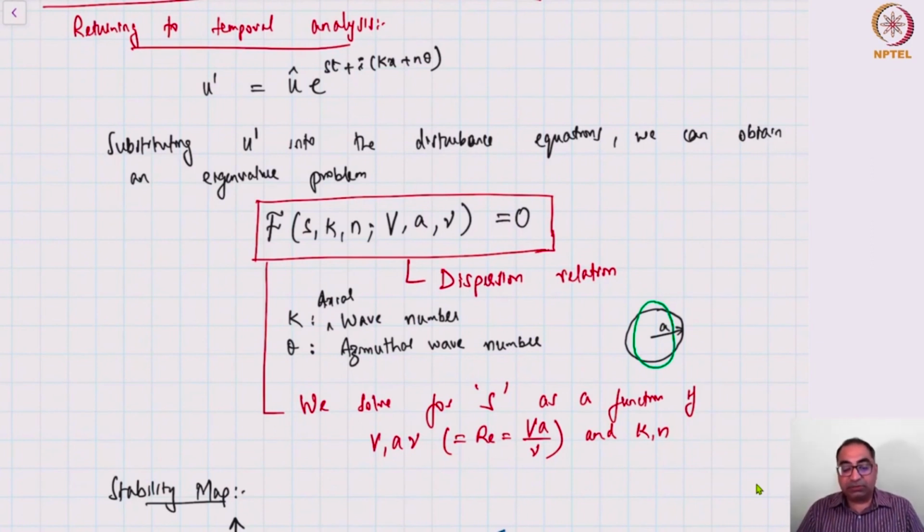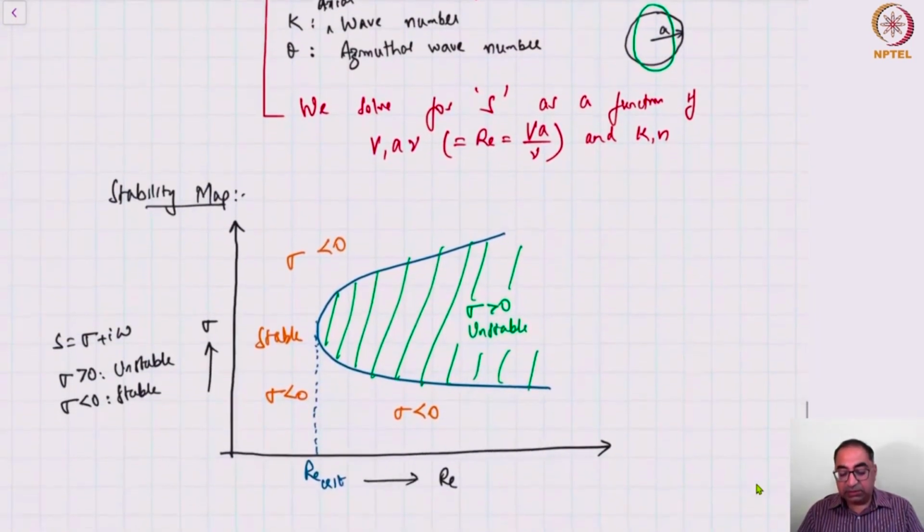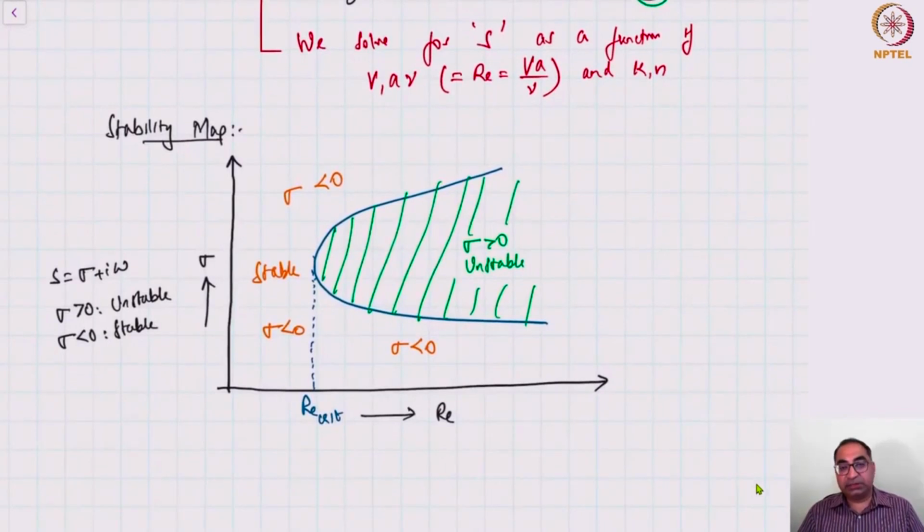It can vary from problem to problem. Once you get this dispersion relation, we have to figure out a way to solve it for S as a function of k and n, and look at a stability map like this.